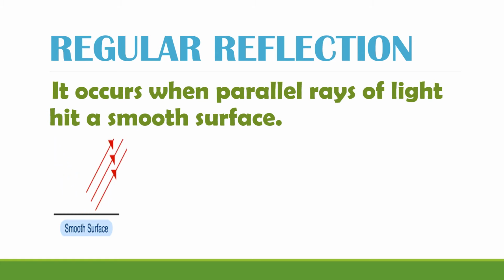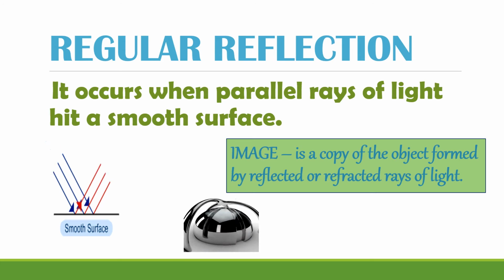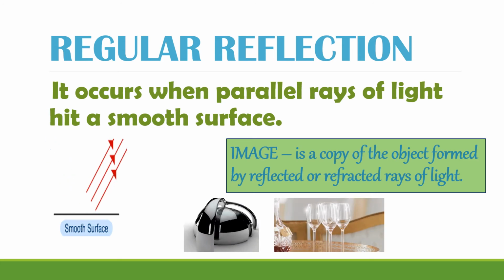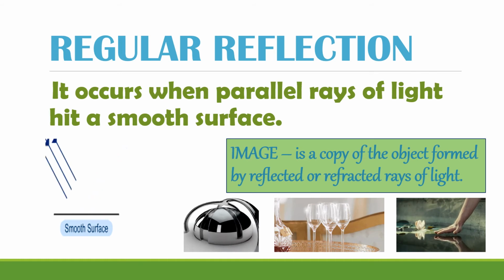So you see a clear image. An image is a copy of the object formed by reflected or refracted rays of light. Shiny surfaces such as metal, glasses, and calm water produce regular reflection.